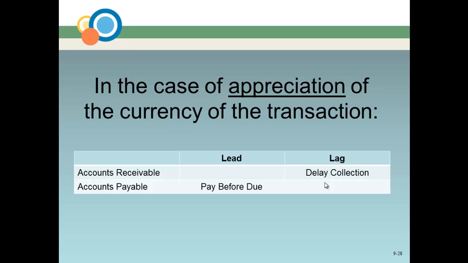On the opposite side of the table, the accounts payable, if they think that the money is going to appreciate in value next week, they're going to want to pay their accounts payable with cheaper dollars, today's dollars. This is just a basic chart that sets up what the lead and lag strategies would be in the case of appreciation.